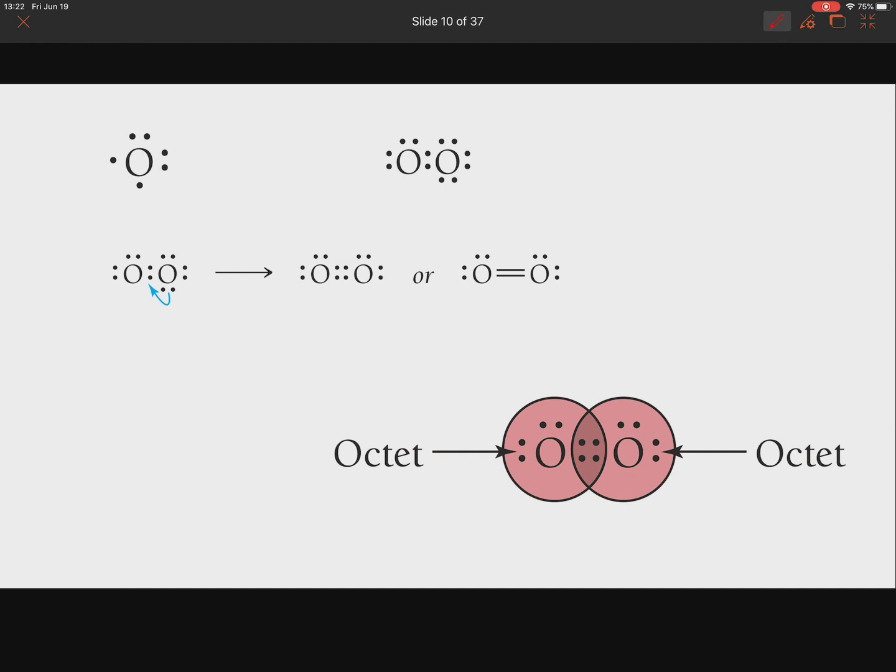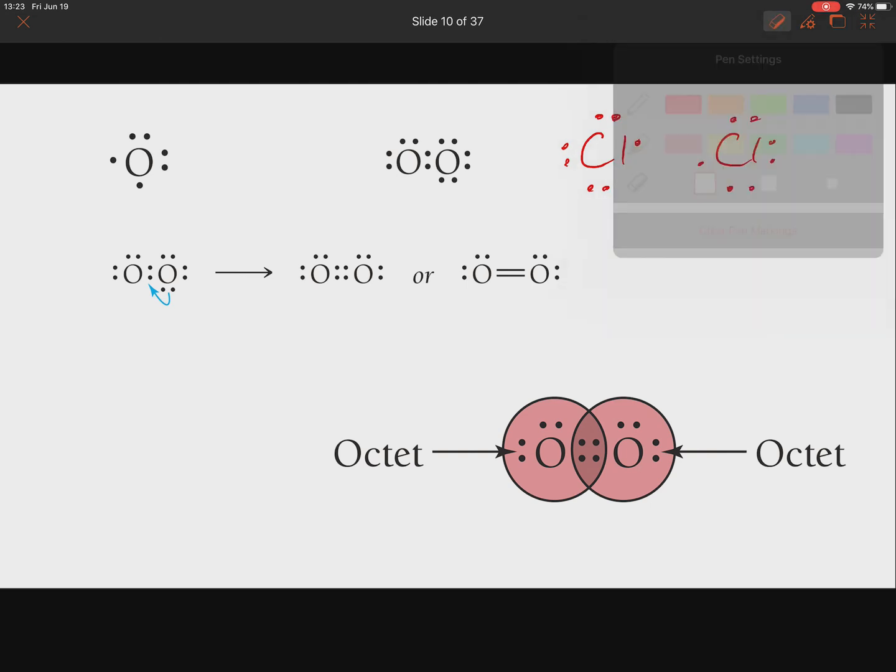Now for things like chlorine that have one electron away from being noble, or in other words, have 7 valence electrons, we can see that by allowing these guys to get close to each other, they are able to share that electron, or to share one set of their electrons.